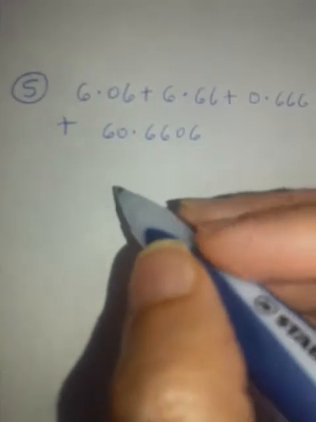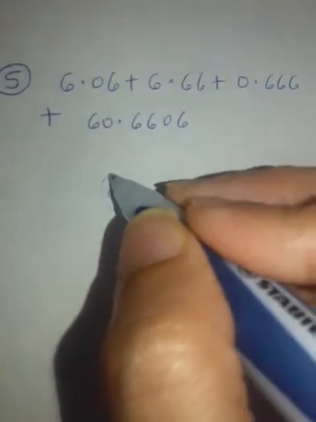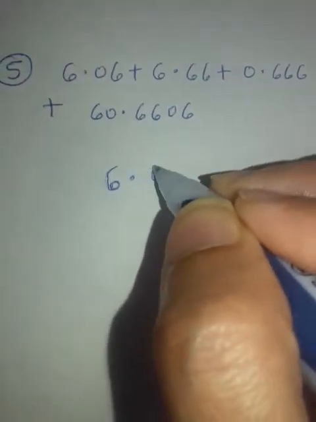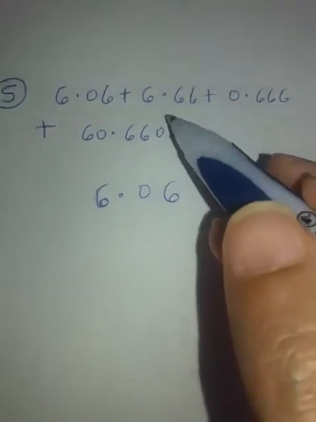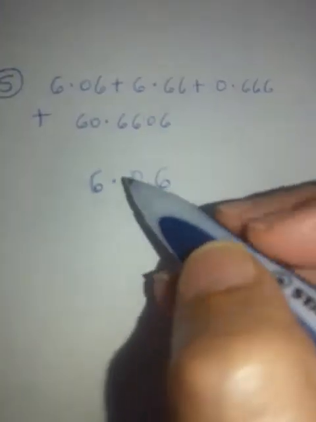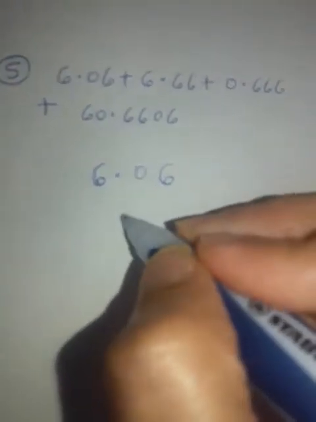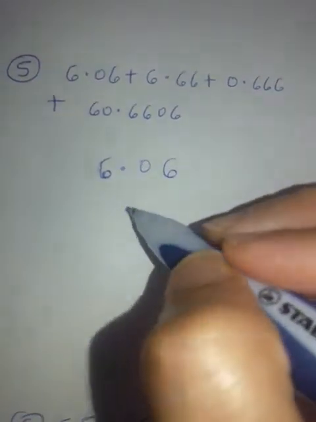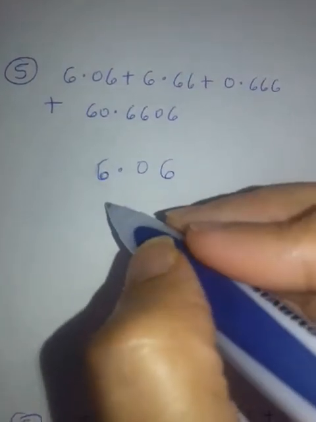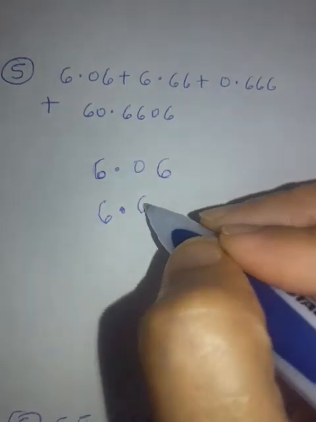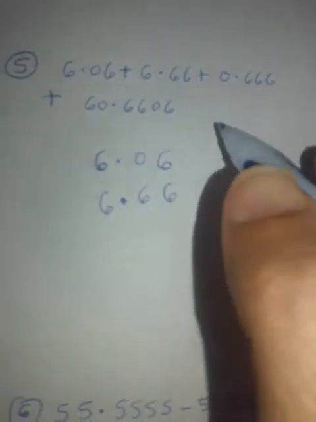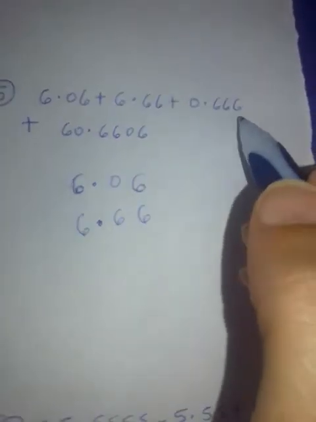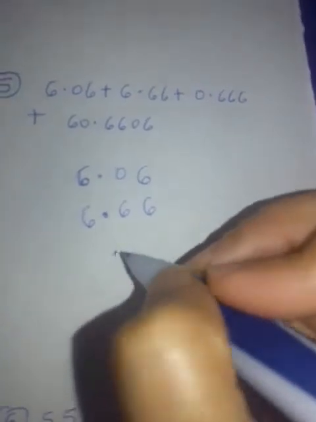So first is 6.06, so I am going to write here 6.06. Second is 6.66. So first I am going to copy this decimal point, one below the other. 6.66. Next is 0.666. Copy the first decimal point.